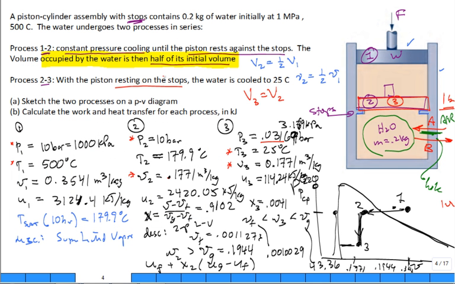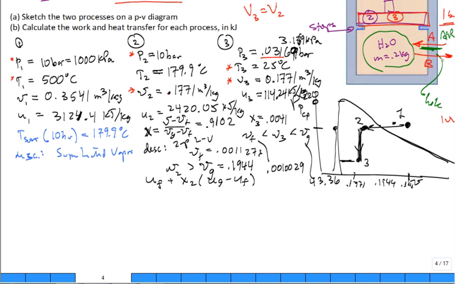All right. Now they ask questions. Calculate the work and the heat transfer for each process in kilojoules. I have to scroll down. I'm sorry, I hate to do that, but I have to. So for the work, cap W, because it's in kilojoules, that's going to be the integral PdV, constant pressure process from 1 to 2.